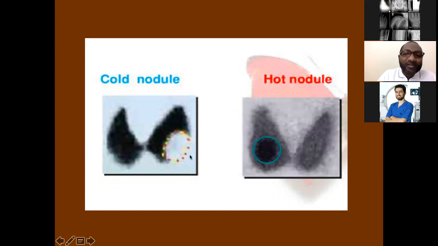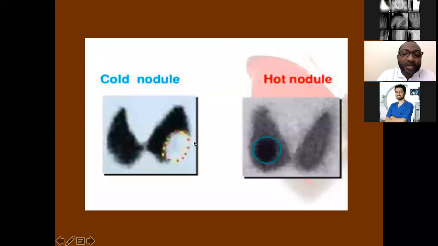It can be because of a thyroid cyst, it can be because of a hematoma, it can be because of calcification, and it can also be because of malignancy, because the thyroid malignant cells do not take up pertechnetate, so they appear as cold. So for any patient with a cold area, if you have an image this way, the first thing is to do an ultrasound. If it is cystic, no need to worry.